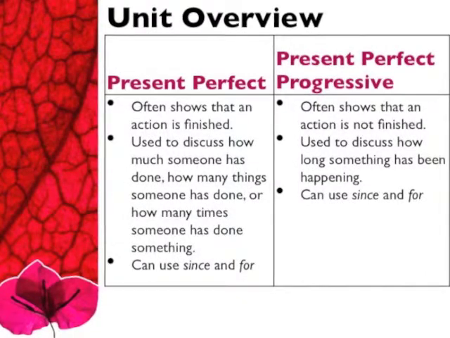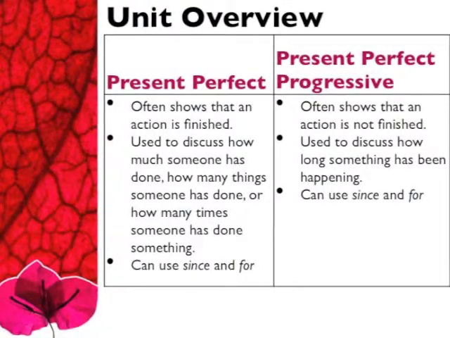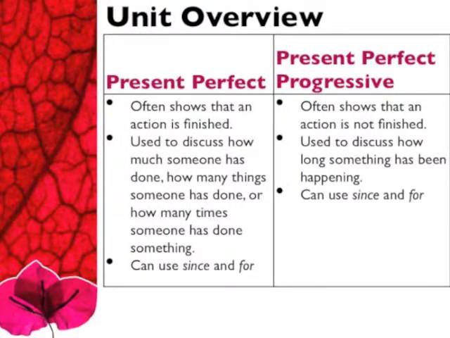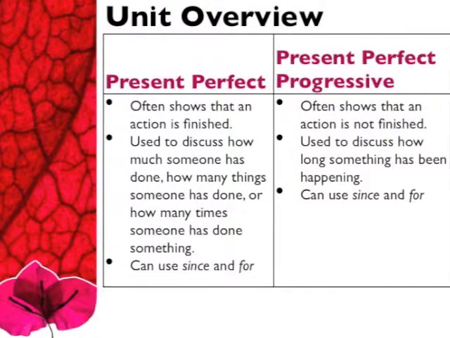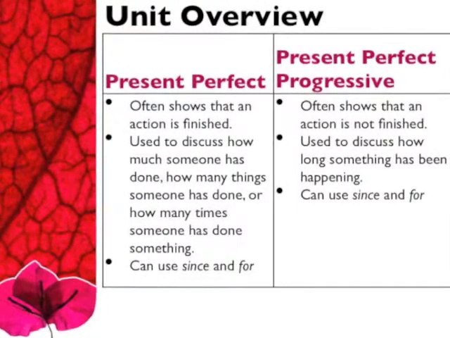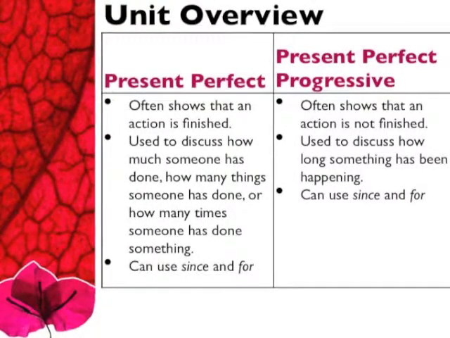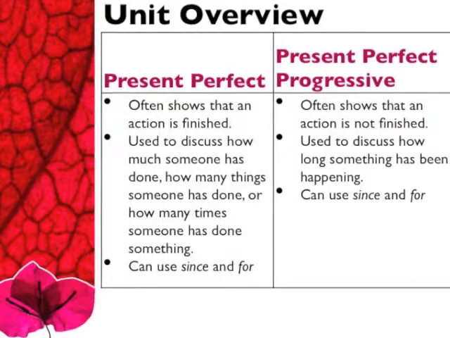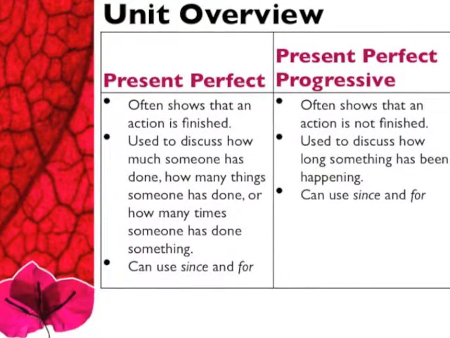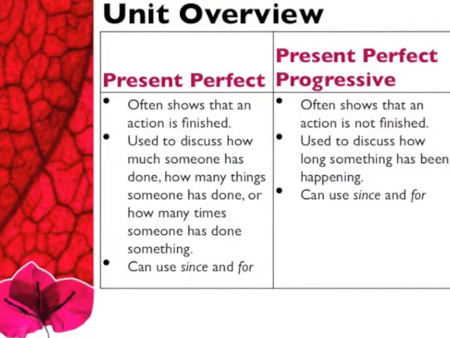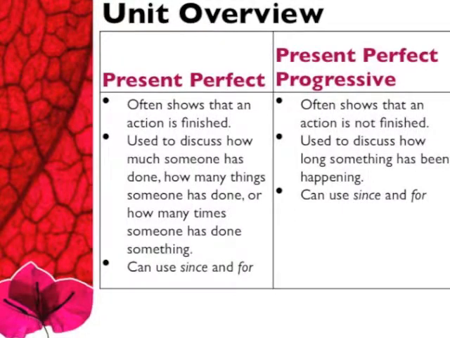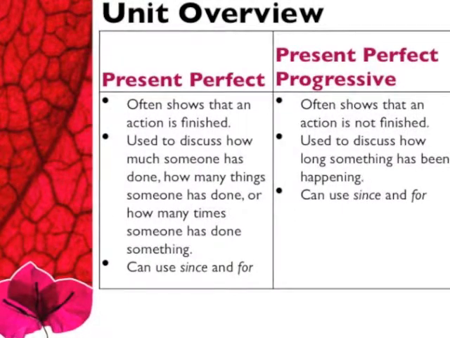And you also use since and for. For present perfect progressive, it focuses on the fact that an action is not finished, and it discusses how long something has been happening. You can also use since and for with this tense as well. We'll go into more detail, but that's just a quick overview.